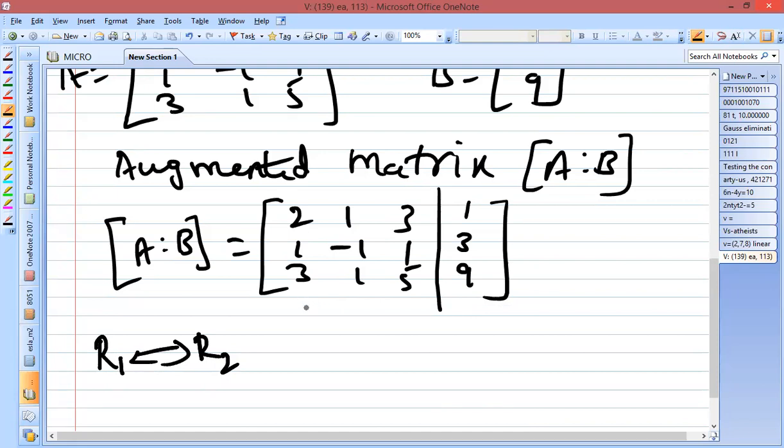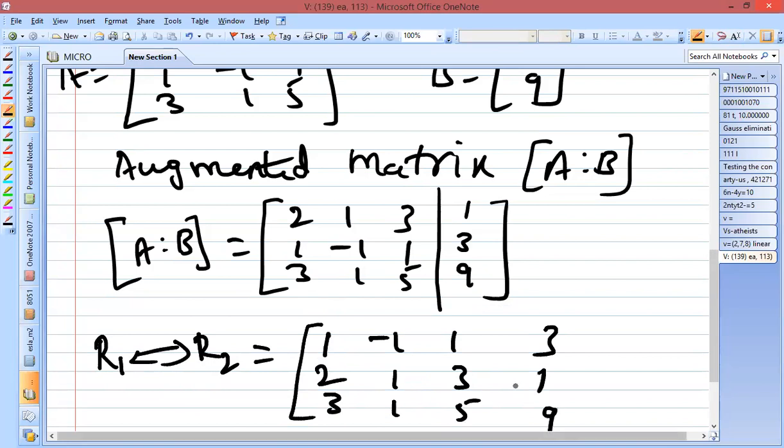We'll reduce it and check whether it results in any zero row vector. If you do that, in the first row you get 1, -1, 1, 3, and in the second row you have 2, 1, 3, 1, and 3, 1, 5, 9, with a vertical line.